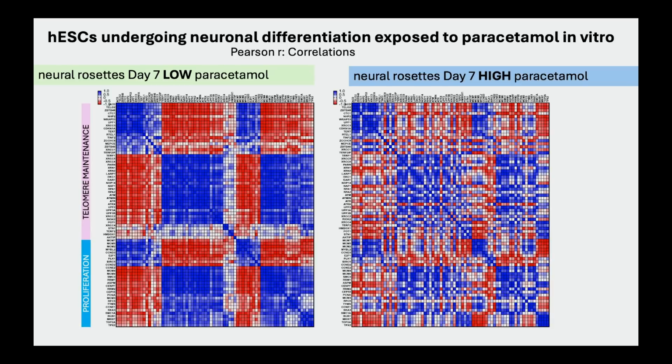Another interesting one was an intriguing study. They were looking at paracetamol. That's the European name for acetaminophen, which is Tylenol, right? With just a twofold difference in the concentration, exposing these cells for just a few days to this seemingly harmless drug, you actually see a disruption of the telomere co-regulation here.